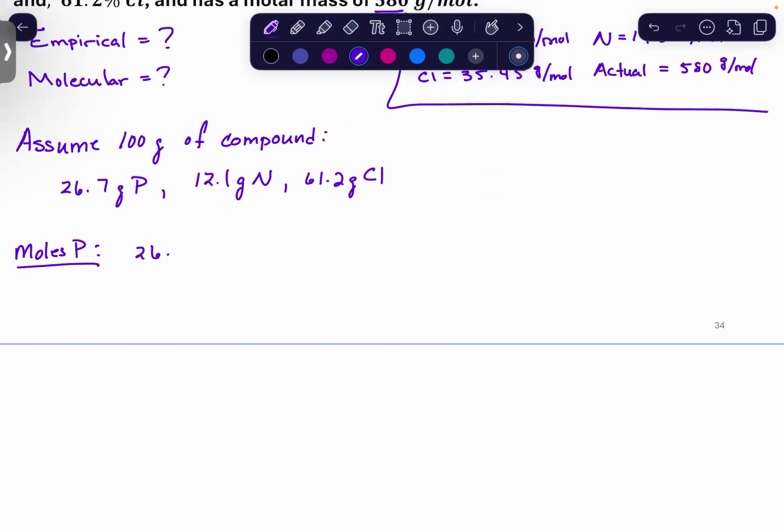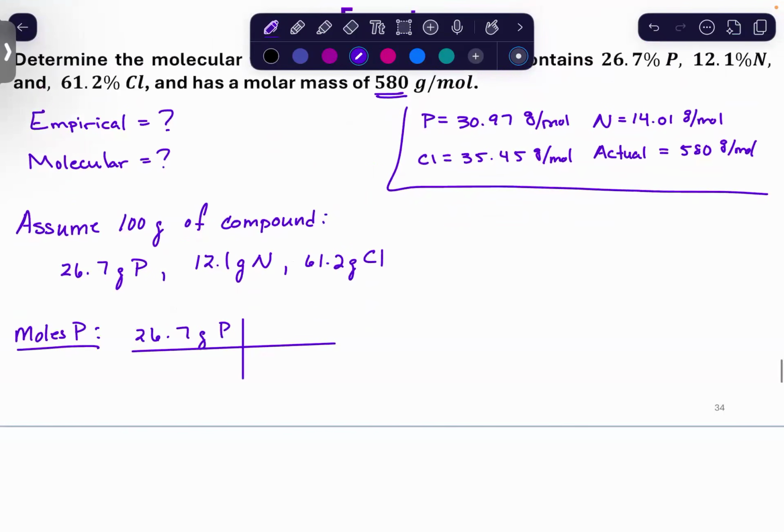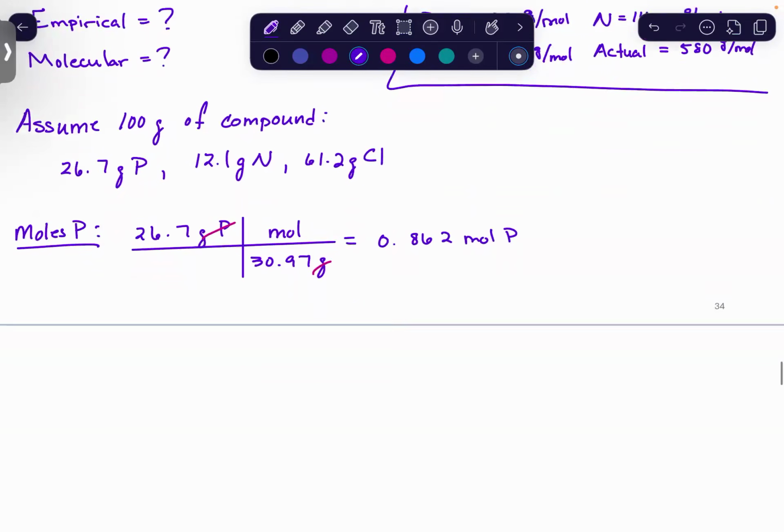I have 26.7 grams of phosphorus. Phosphorus is 30.97 grams per mole. I divide by the molar mass to cancel out grams. And for phosphorus, I get 0.862 moles of phosphorus. All right.